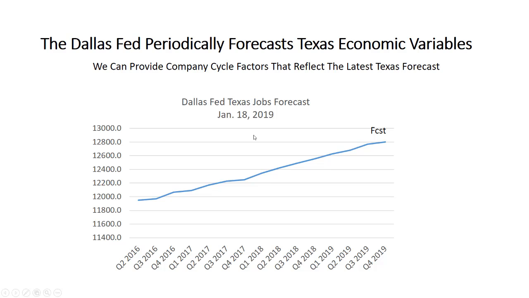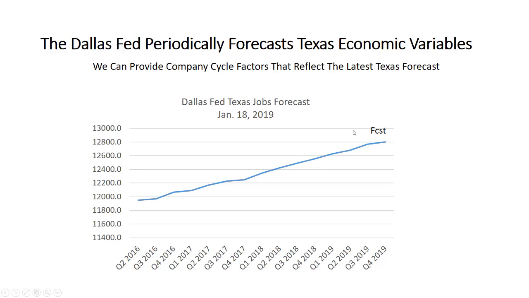Here's a January 18th Fed forecast, for example. I haven't updated this slide recently, but it's still the same. It's no change. You see the forecast of Dallas Fed jobs is remaining relatively constant. So this line, if I included the most recent forecast, is going to remain relatively constant.